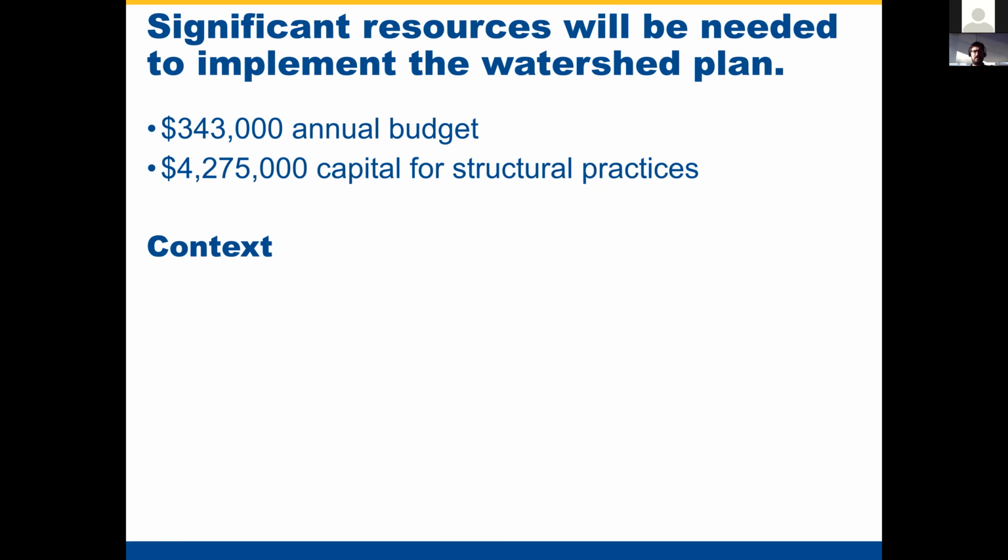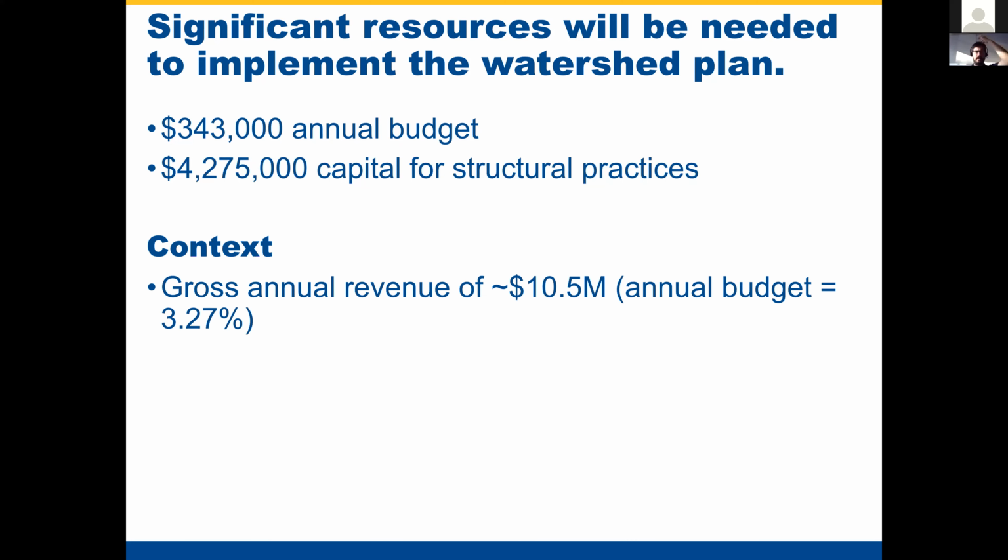And some context that we think is relevant to scoping out how much money would be required is that just taking the average yields of corn and soybean acres within the watershed, there's about $10.5 million gross revenue occurring from the crops that are sold within the watershed.